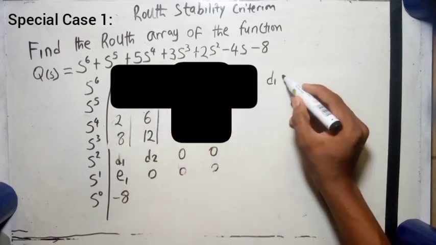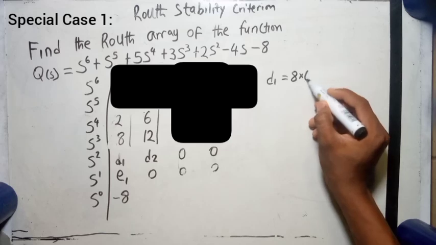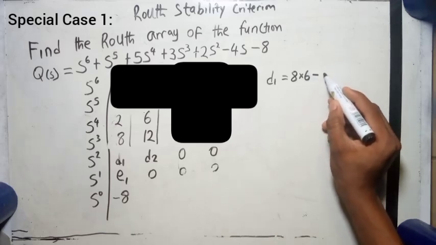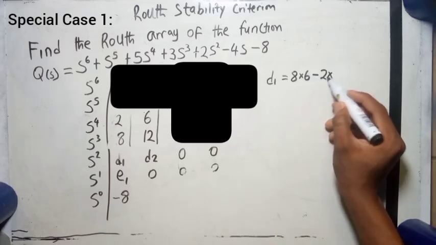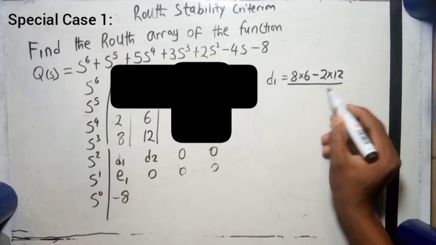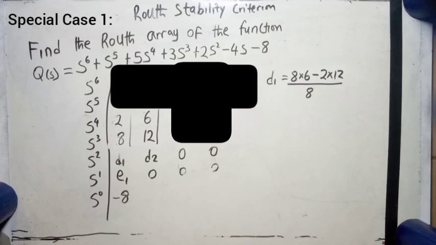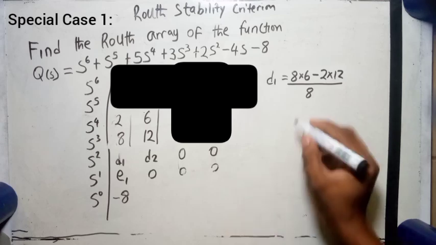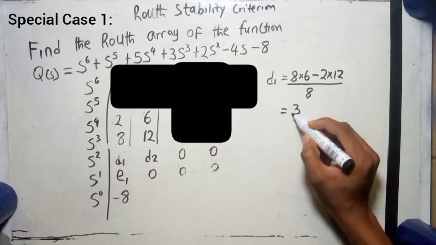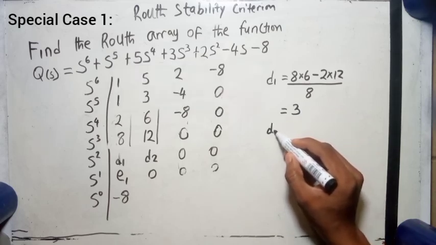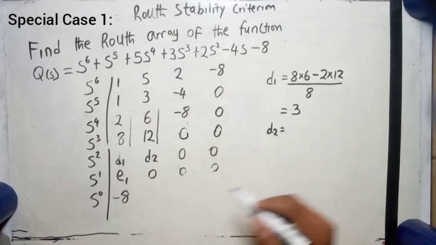So it will be 8 times 6 minus 2 times 12, over 8. Right? Okay. So we are going to be having 3 as our answer. Now solving for D2.